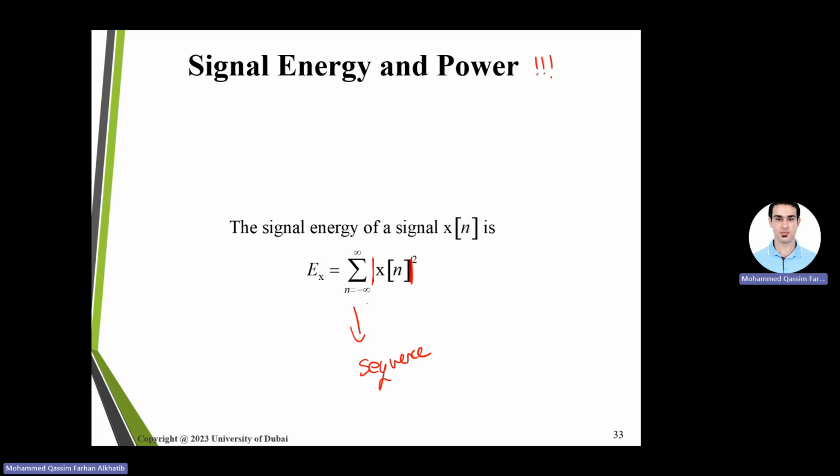The energy of the sequence, Ex, equals the sum from n minus infinity to infinity of x of n squared, amplitude. Now, integration was easy, like we've done in calculus. What about summation? I'll provide you with the required tables, because you will get some expression, and from the tables, this expression probably is 1 plus n, whatever value it is.